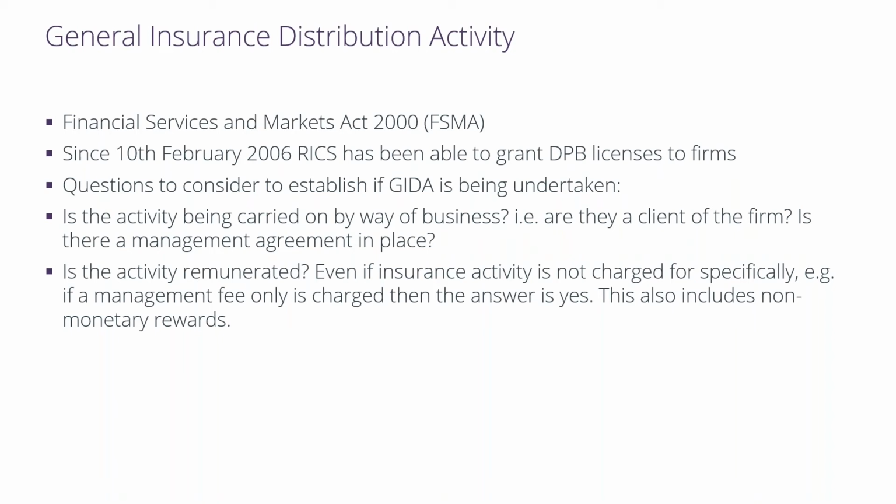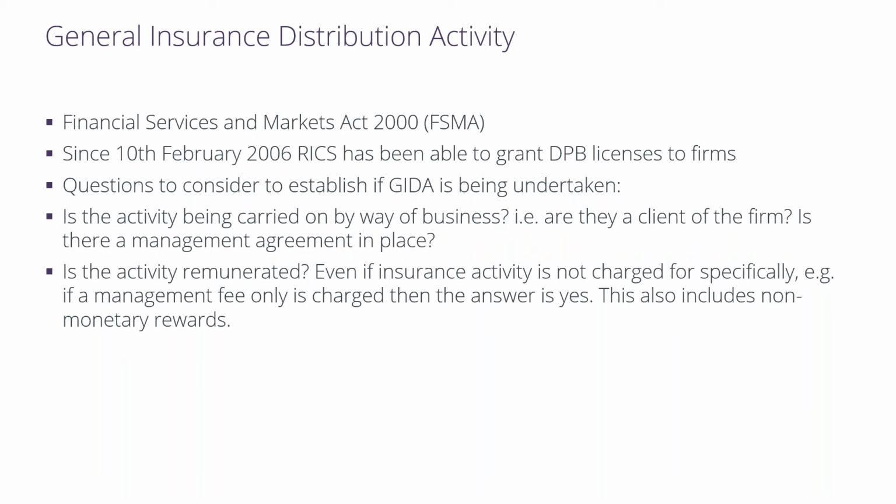Authorisation to carry out insurance-regulated activities is only required if regulated activities are conducted by way of business and for remuneration. If you provide insurance-related services as part of a wider property management service, you are likely to be carrying on those activities by way of business.